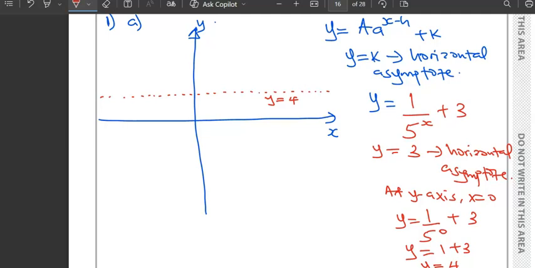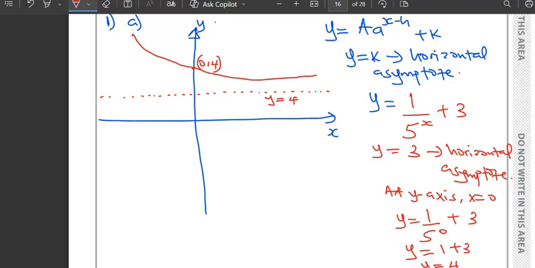We can indicate here that the curve will pass through the point (0, 4). And also we know the nature of the curve. So this is what we are supposed to have as the sketch of our curve.